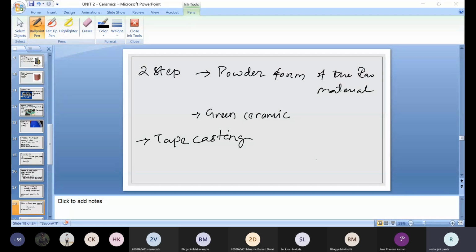By using ceramic we are going to do this tape casting process. In this one what happens, we will be having a platform-like structure. Here there will be rollers, and on these rollers a conveyor belt will be moving. Here there will be one machine, and here we will have a container. Let me show you the diagram.